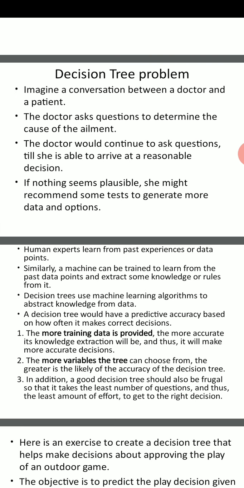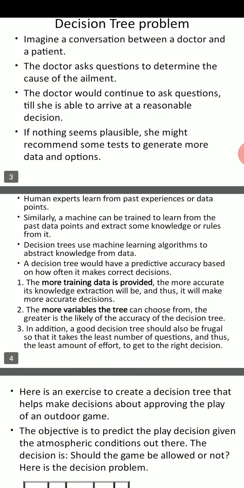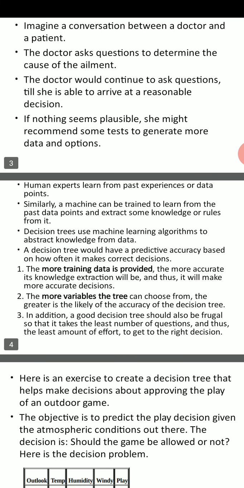If nothing seems to come to a conclusion, he or she might recommend some tests to generate more data and options. Human experts learn from past experiences and data points.